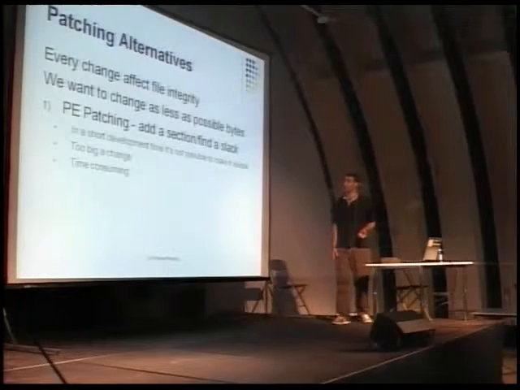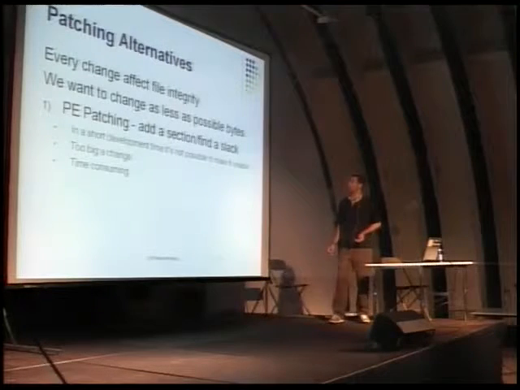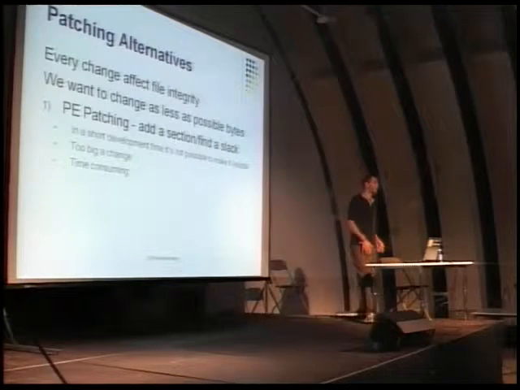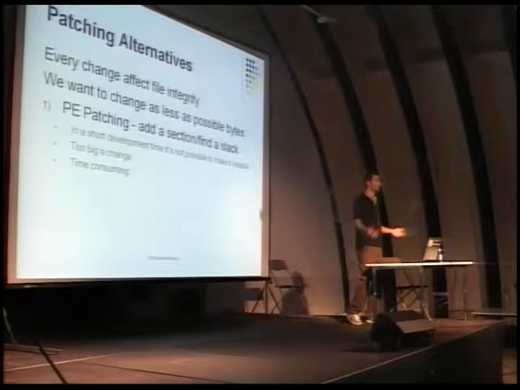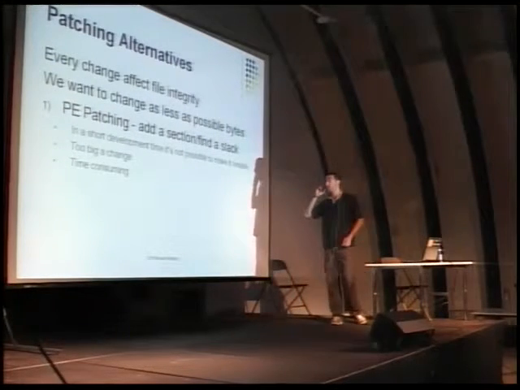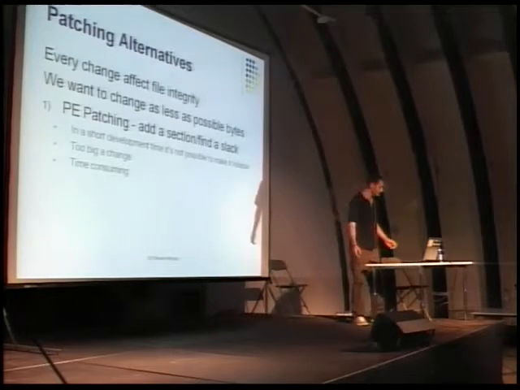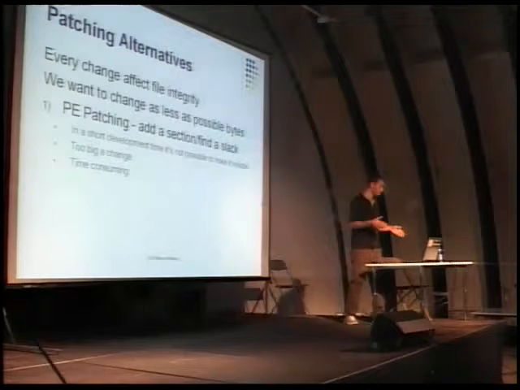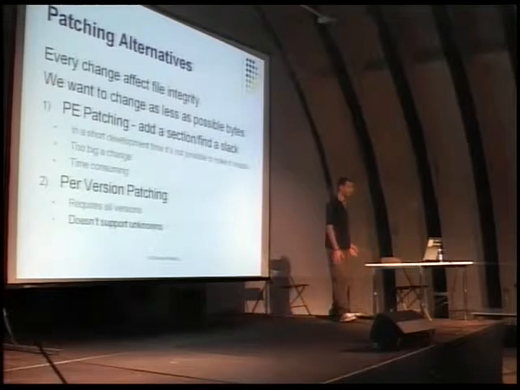There are a few problems with this alternative, because it's really hard to do such a thing in the short time you have. It's not like I can sit down and develop it weeks before I know there is a 0-day coming out. It's a big change for the executable file and time consuming. And per-version patching is very popular.